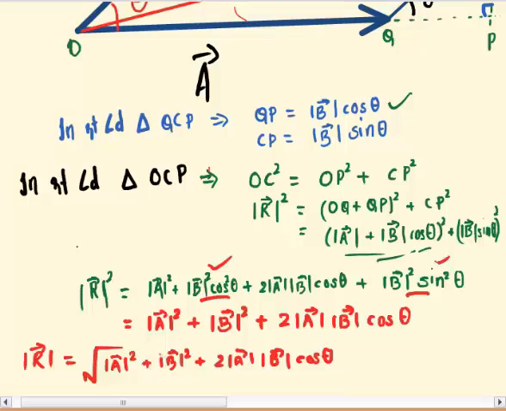This is the square root of all that. And this can be treated as our formula for finding modulus of A plus B.